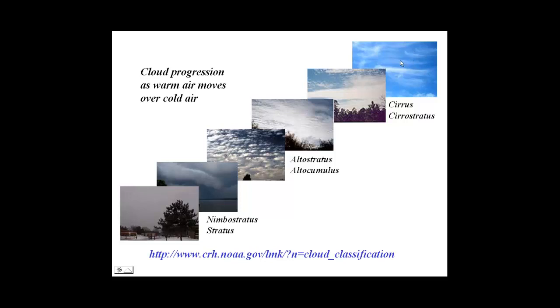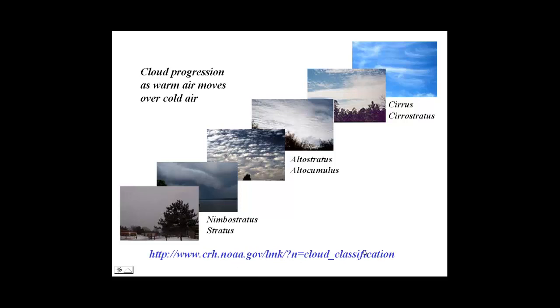I'm talking in the temperate zone. So you'll go from cirrus to cirrostratus, altostratus, altocumulus, see the cumulus are puffy, nimbostratus, the dark black rainy clouds, and then as that clears out you have stratus clouds, and the rain tapering off.